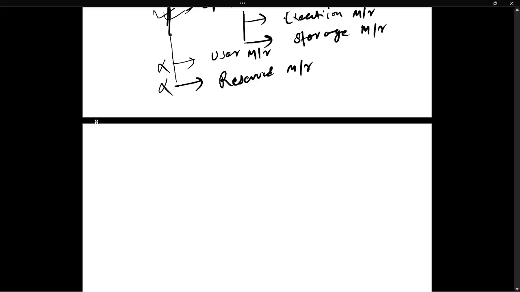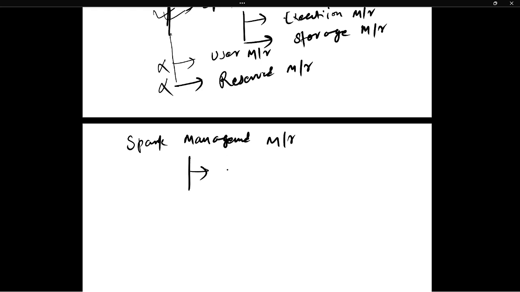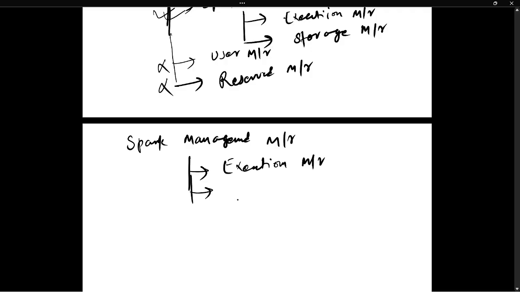So let us understand Spark managed memory. It has two things: one is the execution memory, and the other is the storage memory.